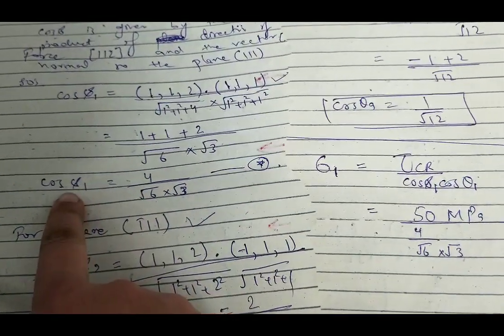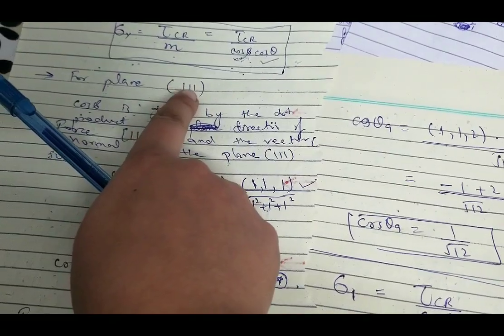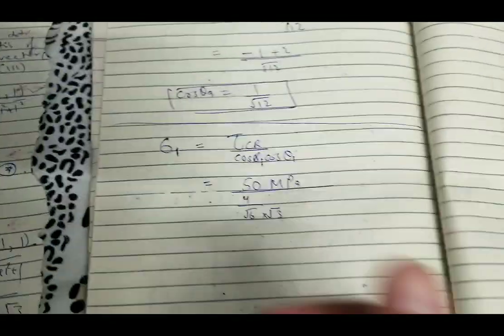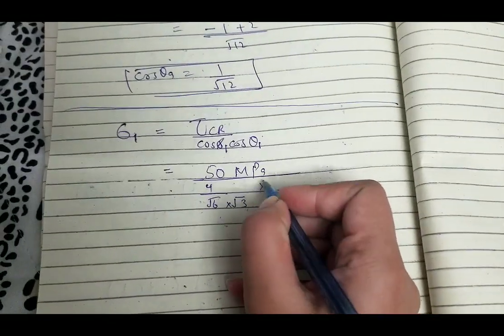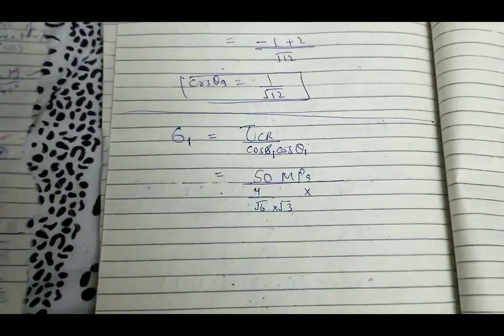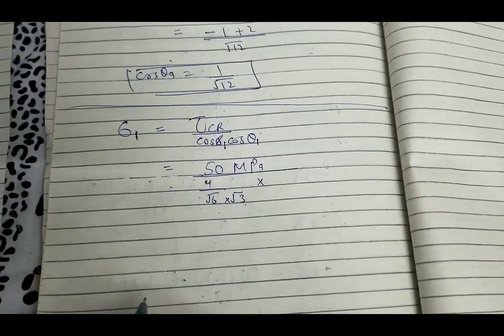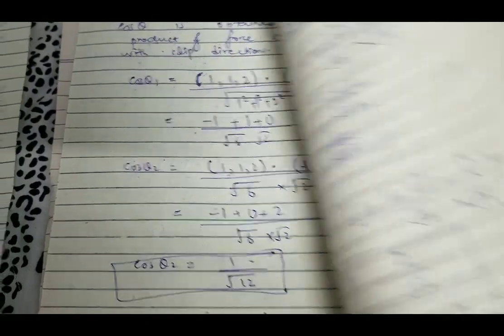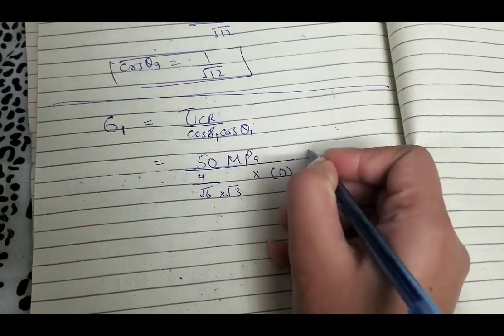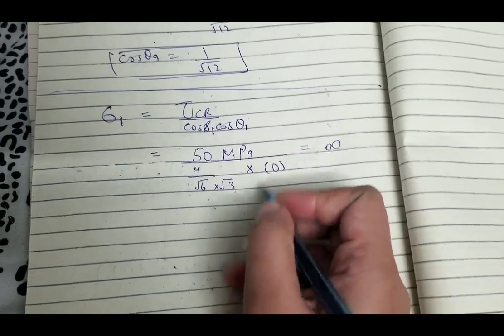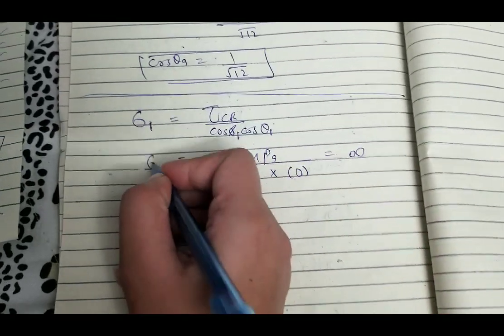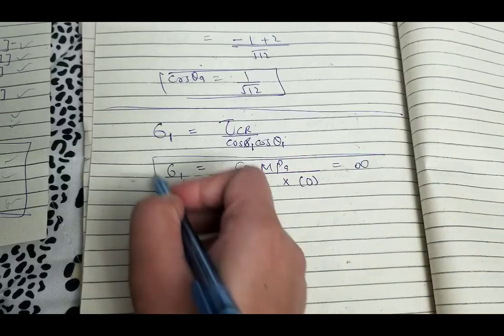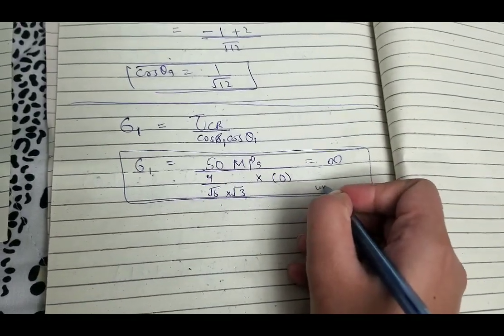This was cos phi 1 for the plane 1 1 1. That will be multiplied by cos theta 1, and cos theta 1 is 0. So the result becomes infinite because there is 0 in the denominator, so we also write it as undefined.